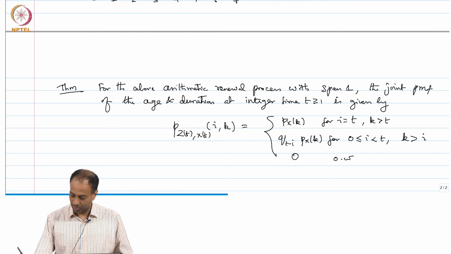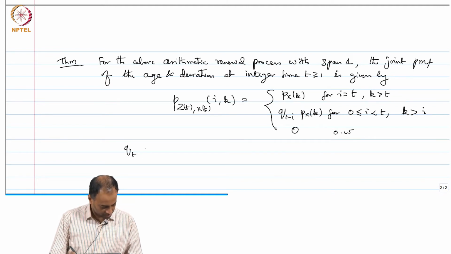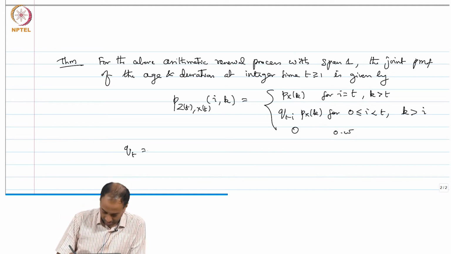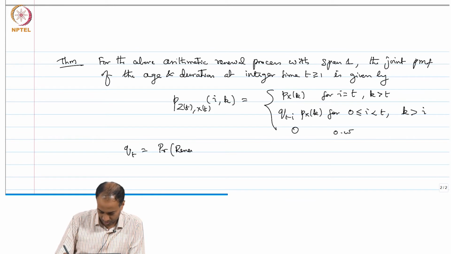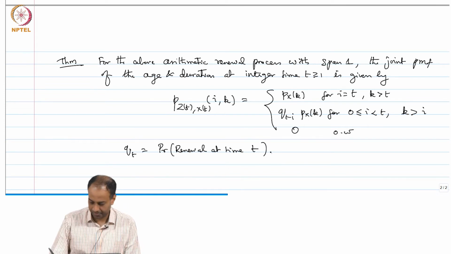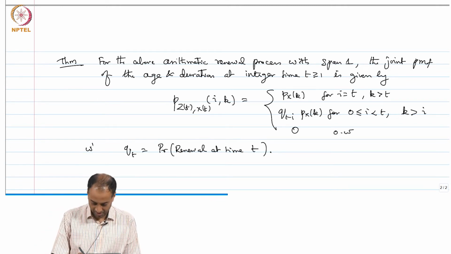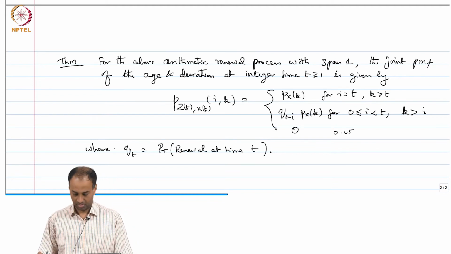Now, I have to tell you what this q_{t-i} is. q_t is the probability of renewal at time t. So, q_{t-i} is the probability of renewal at t minus i. So, I should say where.